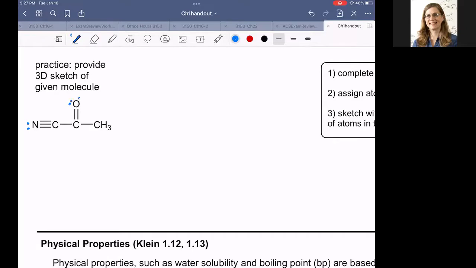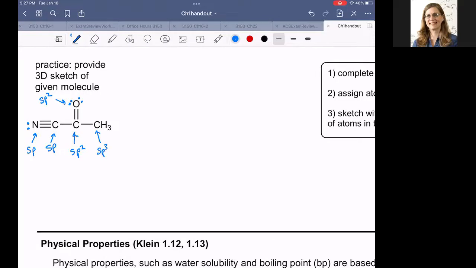The way we do that is we fill the octets. So make sure we add in the lone pairs before we start counting regions and assigning hybridization. Okay, so we said that the nitrogen and the carbon are both sp hybridized. This carbon is sp2, the oxygen is sp2, and this carbon is sp3.